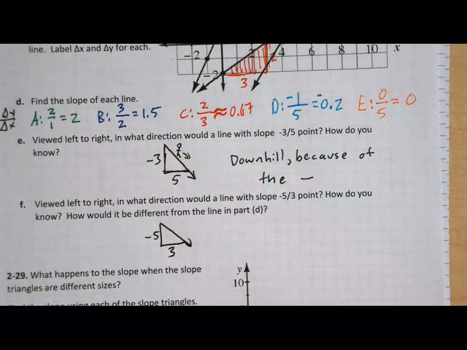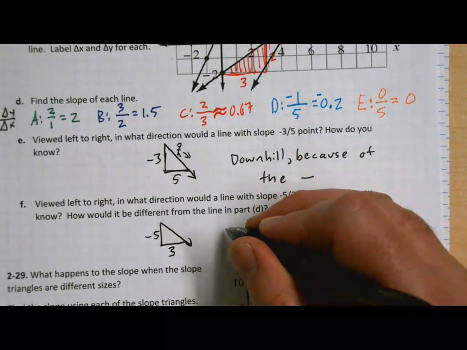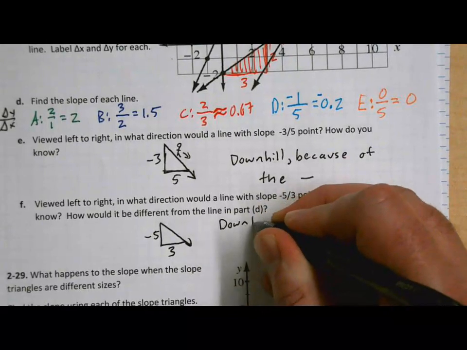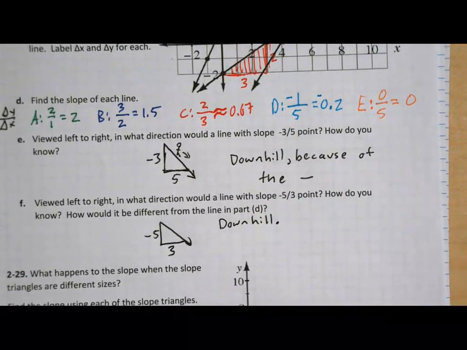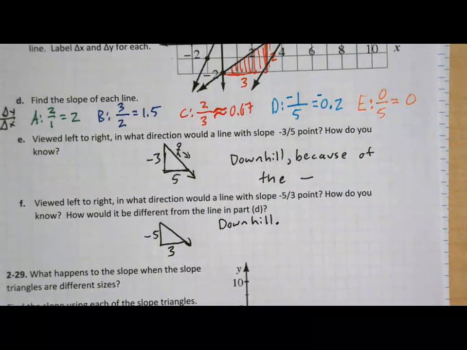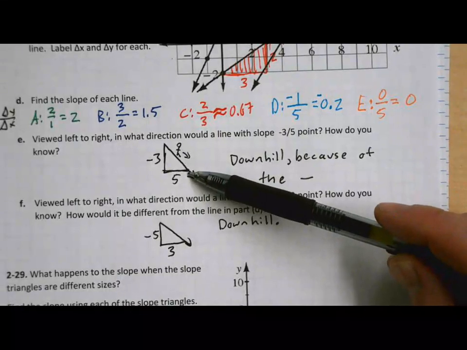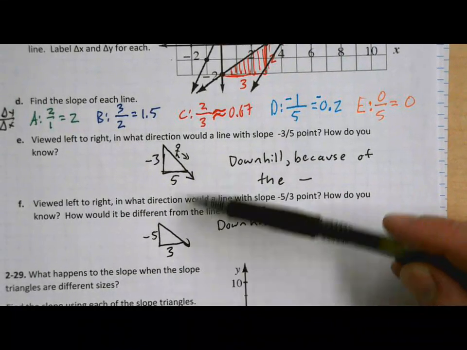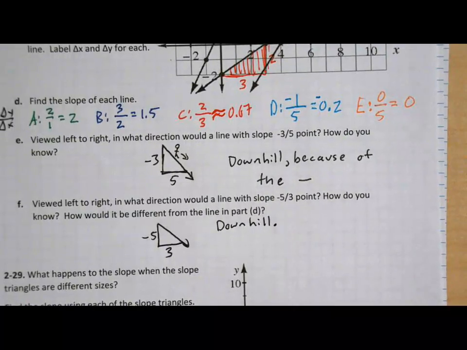So it's still downhill because of the negative. How's it different from this line? The change in y and the change in x kind of flipped.